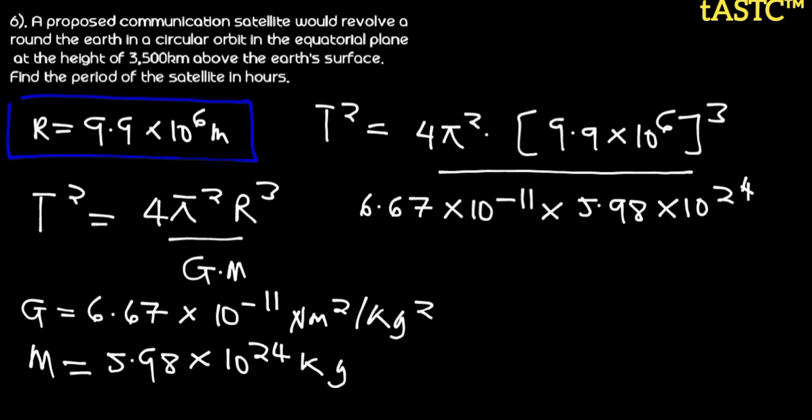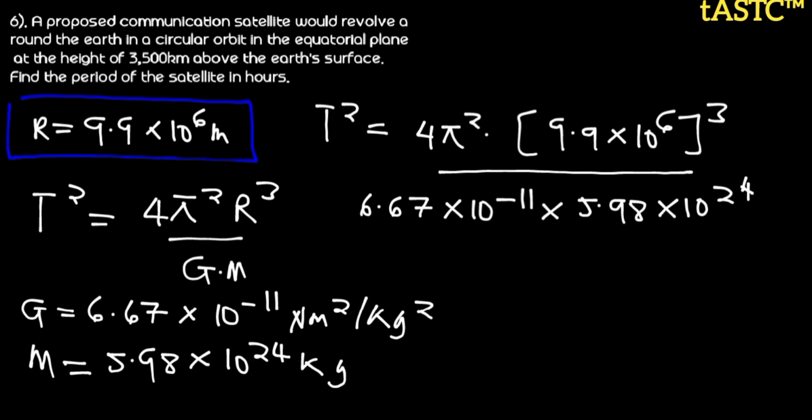Let's see what that's going to give. So there we have 4, and 4 is multiplied by pi squared. And this is multiplied by this raised to the power of 3. So that is 9.9 multiplied by 10 to the sixth. We got this divided by 6.67 multiplied by 10 to the negative 11, and then 5.98 multiplied by 10 to the 24.